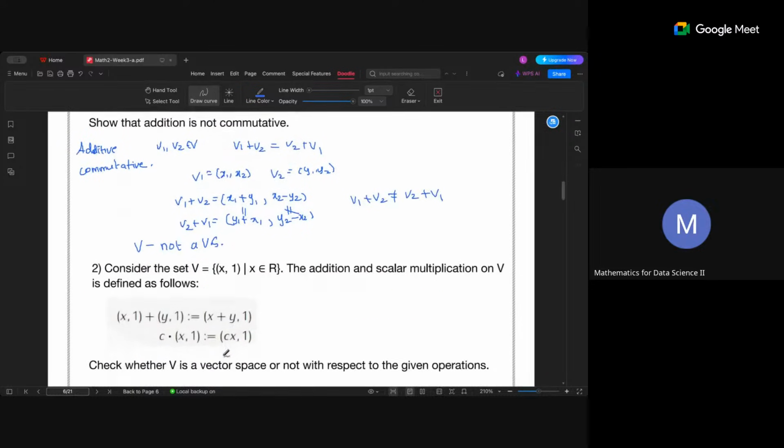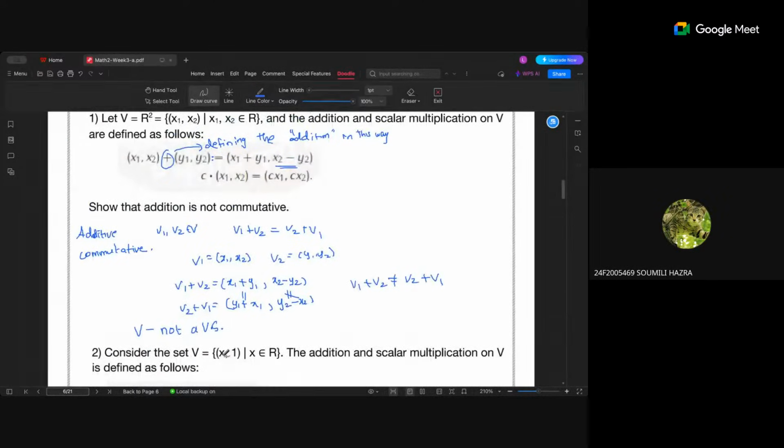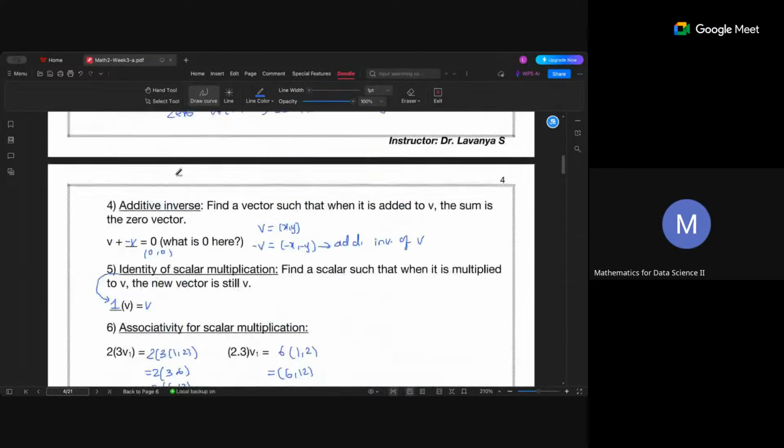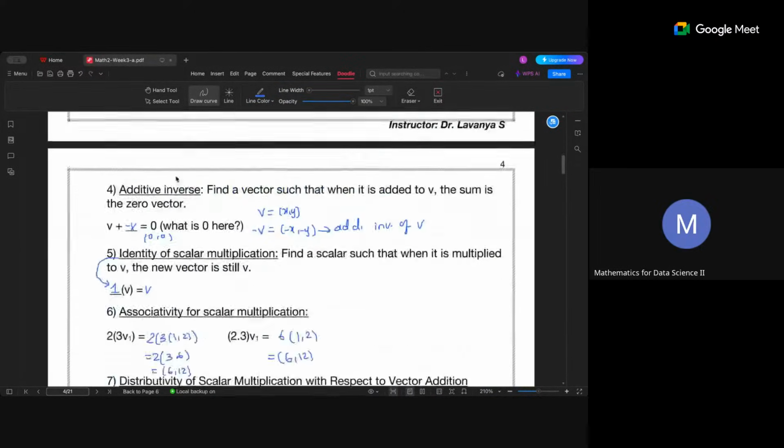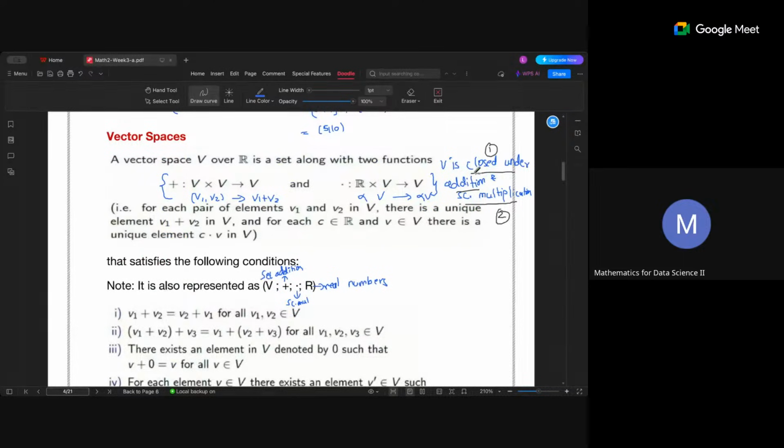Okay, fine. Ma'am, why the x2 minus y2? That's what I'm saying. You can define in whatever way you want. Several different ways. See, these are functions. That's why in the beginning, in the definition of vector space, instead of just saying that the set should be closed under addition and scalar multiplication, they are defining the addition and scalar multiplication as functions.